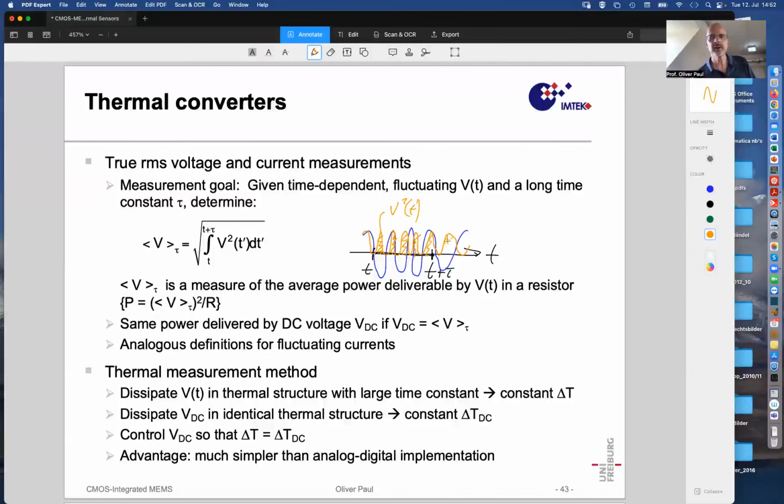Then this interval is shifted along the signal, or the signal just moves along, and I do my measurement. It's equivalent to saying, okay, here is the signal, and I move along with my time interval. And so this is the average of the square.